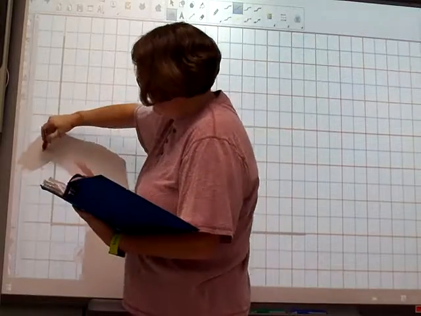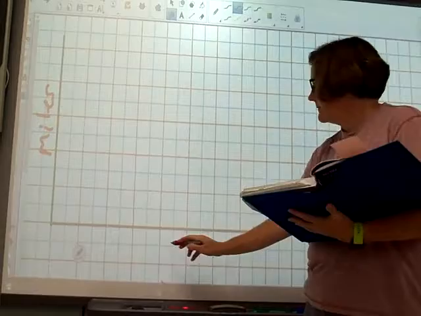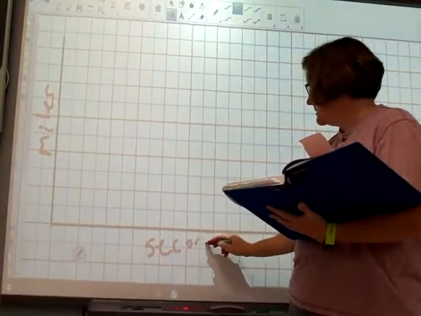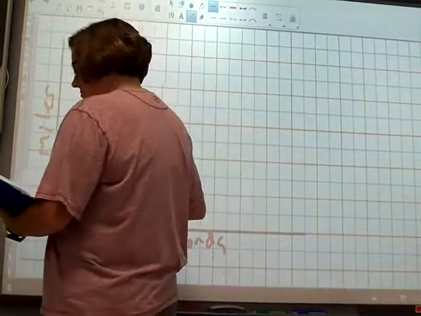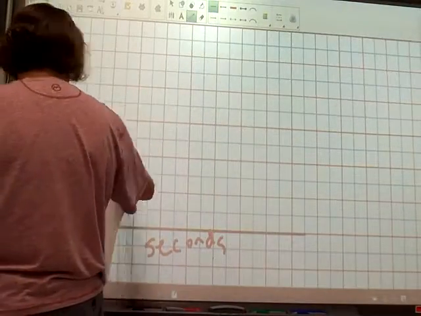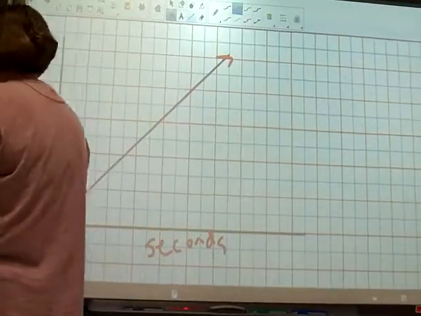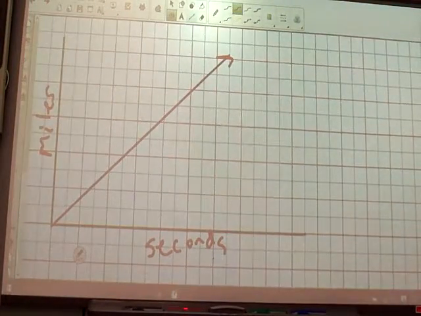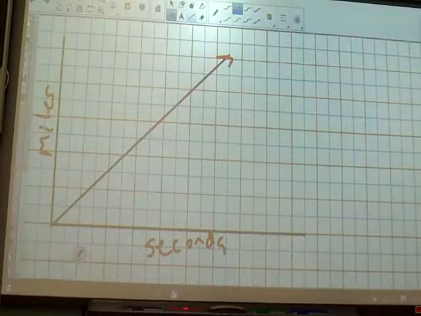This is distance in miles, and this is time in seconds. We're going to start at the origin. I'm not going to count on this graph and get all this specific, because that would take forever.